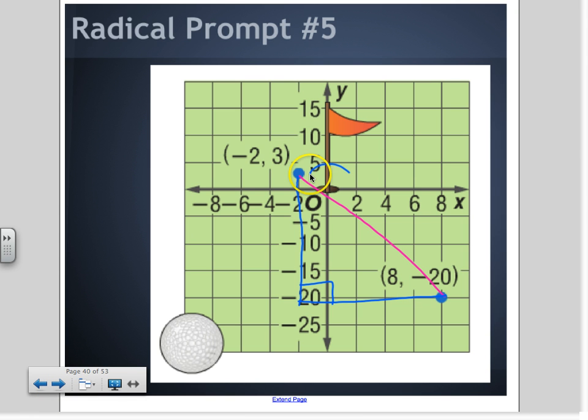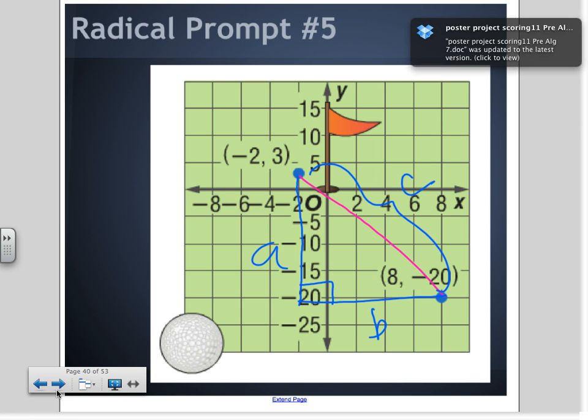If I want to find a distance right here, which is like C, all that I need to know is what this distance is and what this distance is. Is that correct? Basically, A and B are our rise and run. Do we know how to find our rise and run? No. Oh, we can count, right? But what if I don't have the graph at all, or if it's too big to count? What would you do? What's the best way to do it?